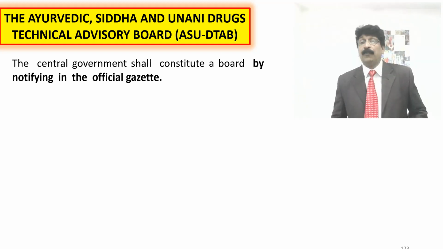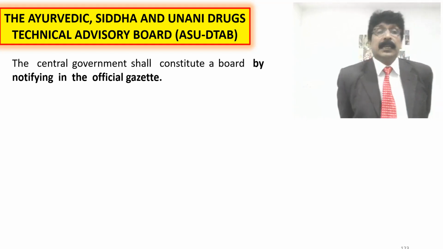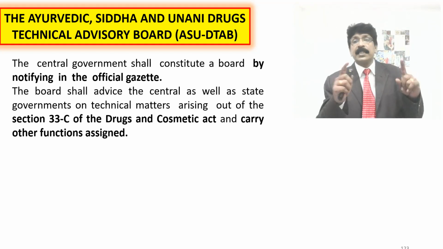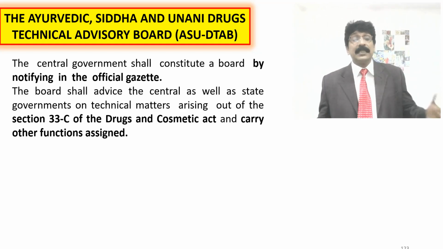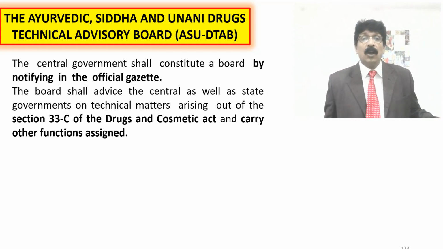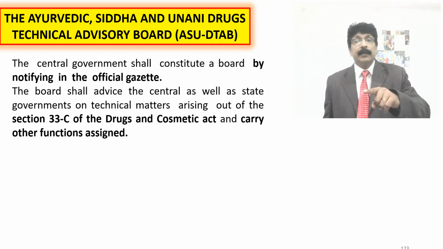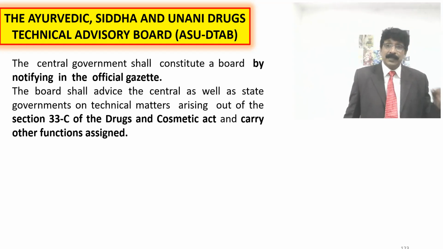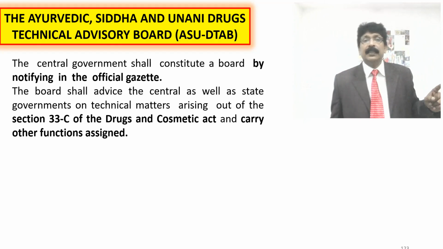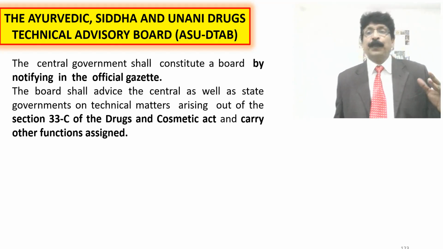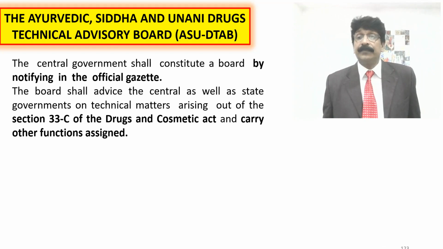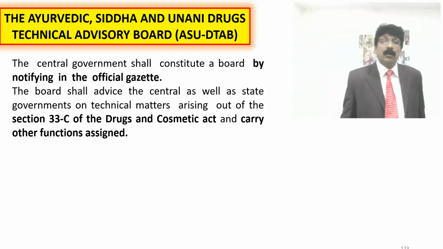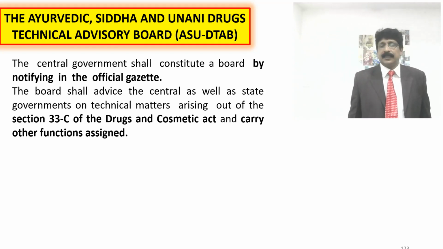The board shall advise the central as well as the state governments on technical matters arising out of Section 33C of the Drugs and Cosmetics Act 1940, which has been revised now, and carry out other functions assigned.